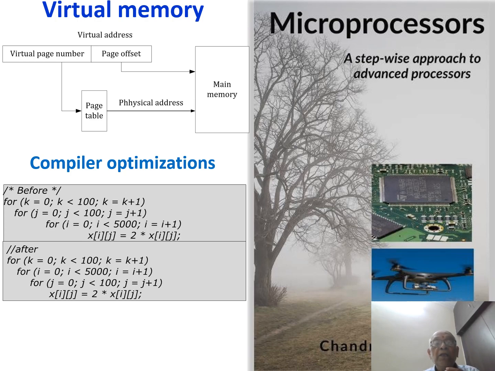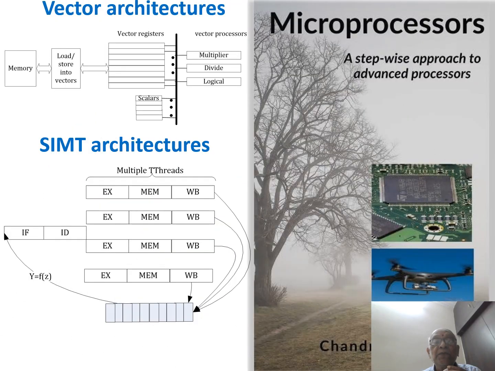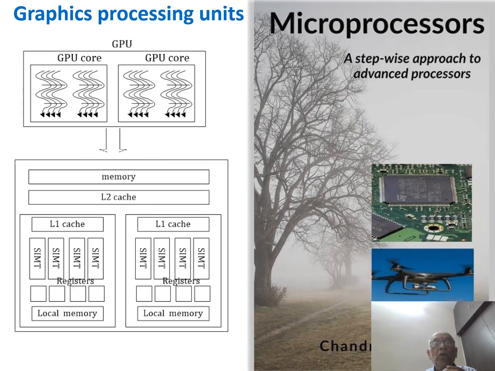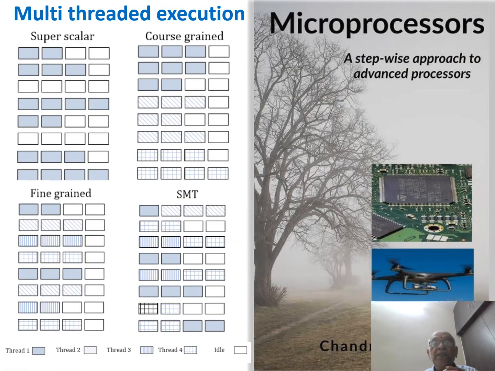After introducing this, I have got into the RISC processors, today's latest processor technologies, particularly ARM, keeping in mind varieties of mechanisms like vector architectures, SMT architectures, then graphic processor units, then multi-thread execution.